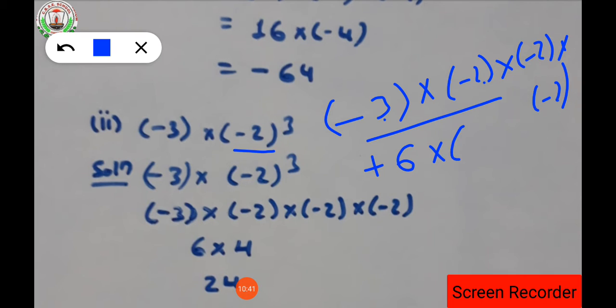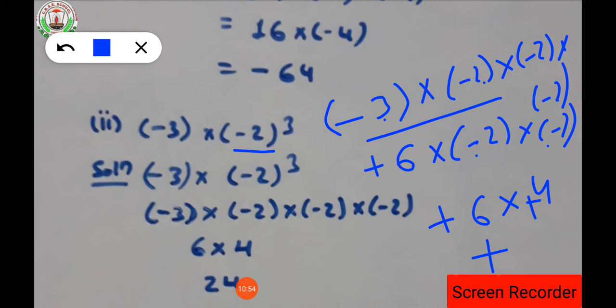Into minus 2. Now plus and minus will become minus. 4 into 2 is 8. So the answer will be minus 8.